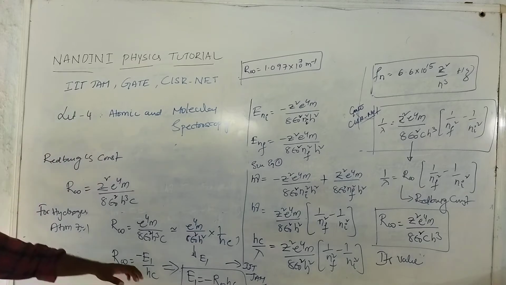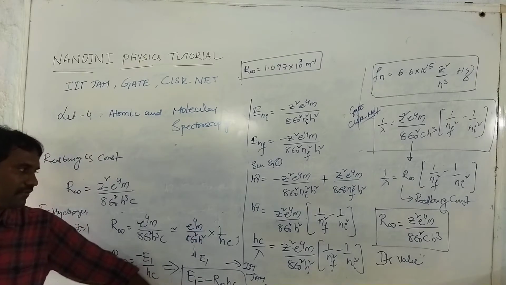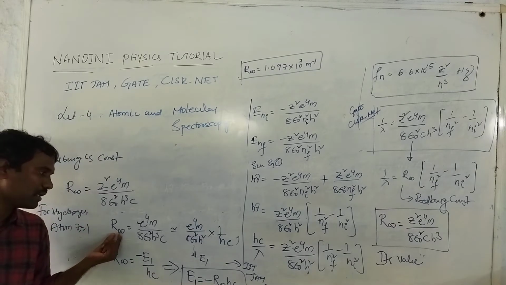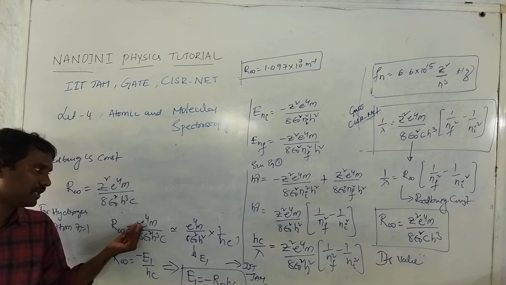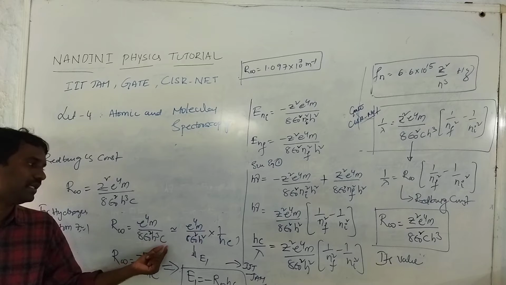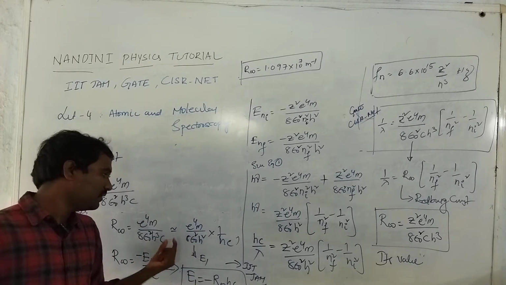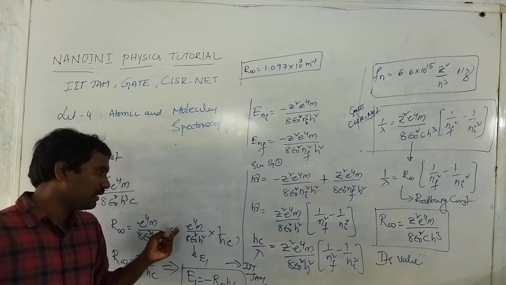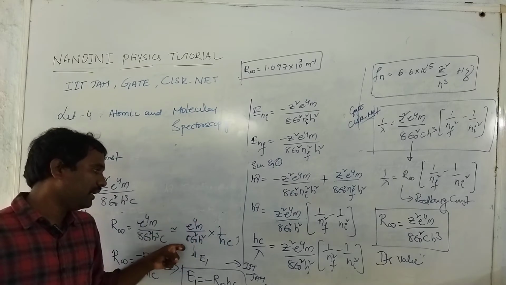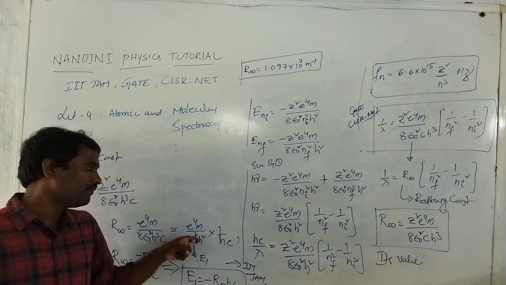How did I derive this equation? The Rydberg constant R infinite is nothing but e power 4 m divided by 8 epsilon naught square h cube c. In that equation I take hc common outside, and it converts to e power 4 m by 8 epsilon naught square h square.